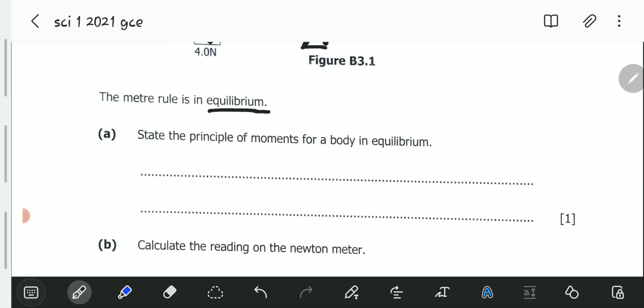Since we've already been told that the body is in equilibrium, we state the principle of moments for a body in equilibrium.